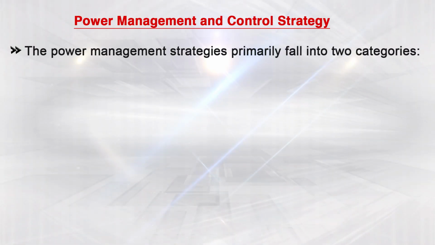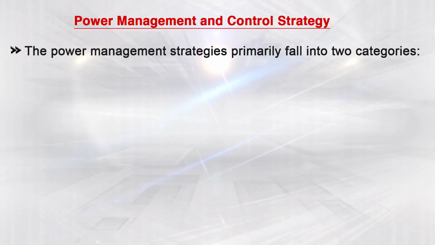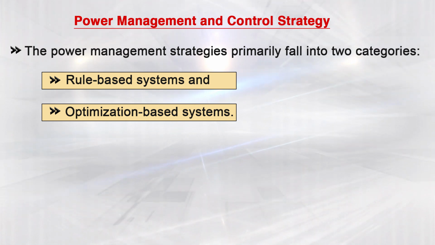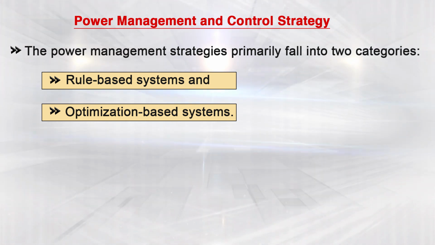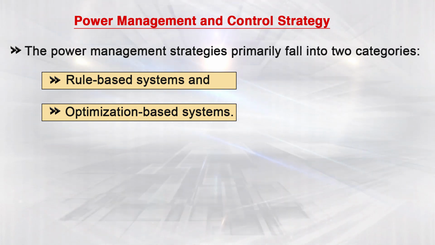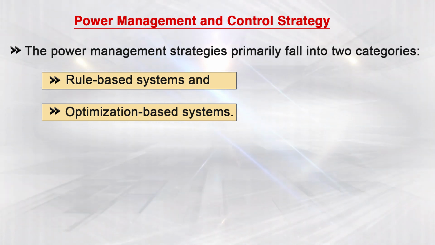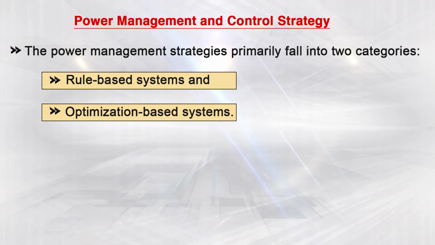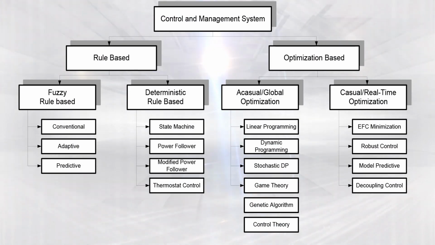Based on the mathematical model, the power management strategies primarily fall into two categories. First is the rule-based system and second is the optimization-based system. Each system has its own methodology and application, providing unique benefits and addressing different aspects of the vehicle control system. The detailed classification of the power management system is given here.